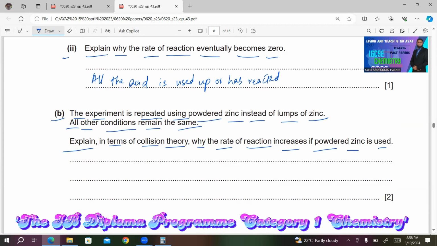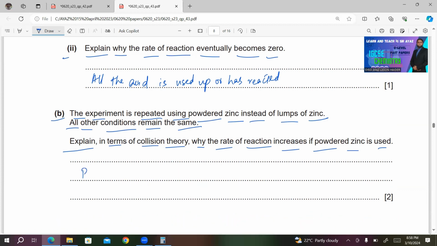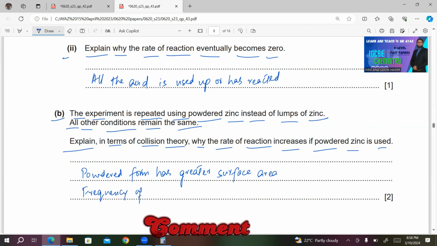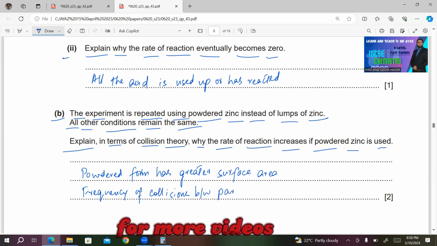The powder form has greater surface area, the frequency of collisions between particles increases.